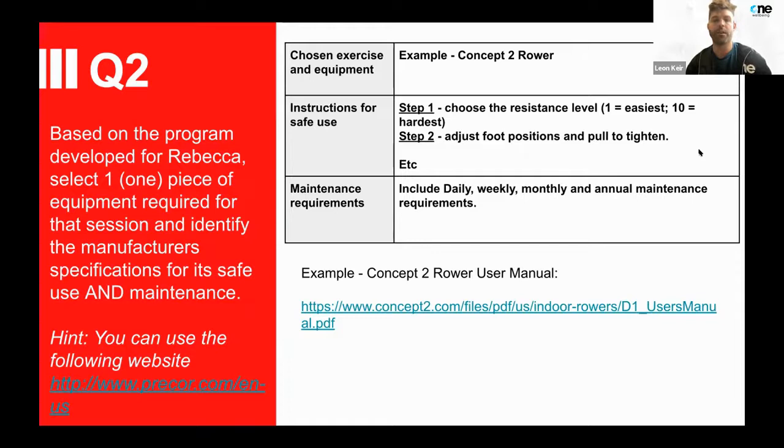Step 1 is to obviously choose a resistance level. Step 2 is foot positioning. Make sure that when you sit down on the rower, your feet are tied in well with the foot straps.